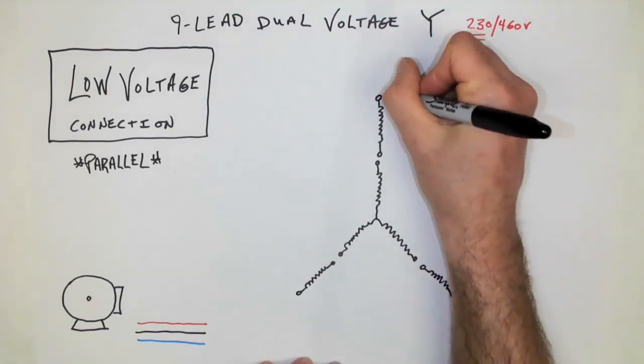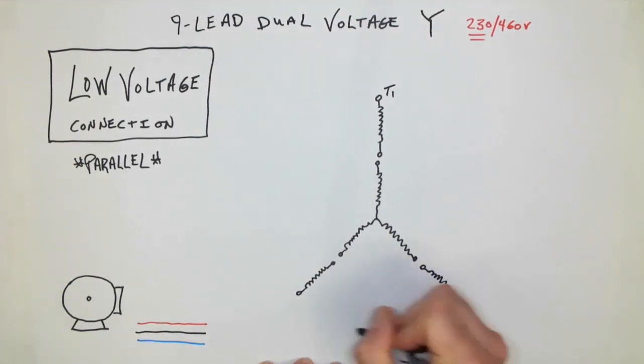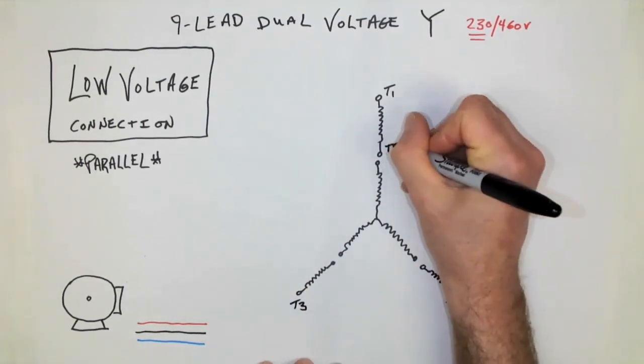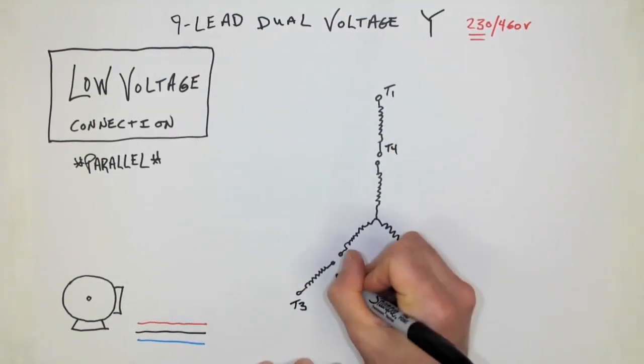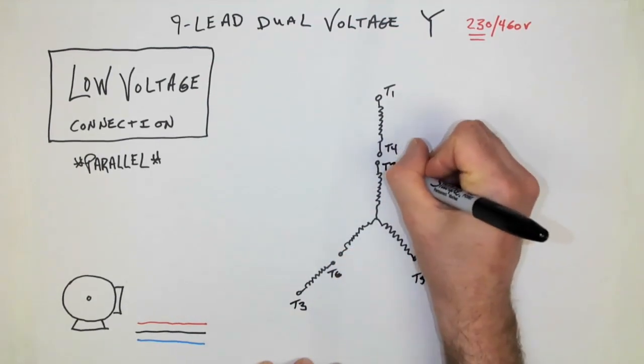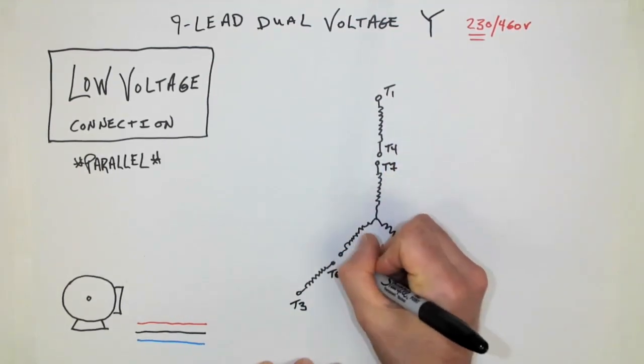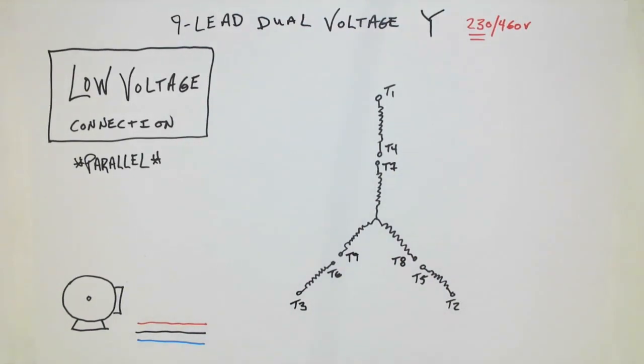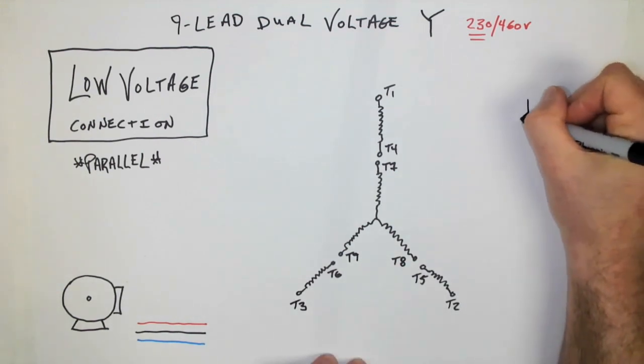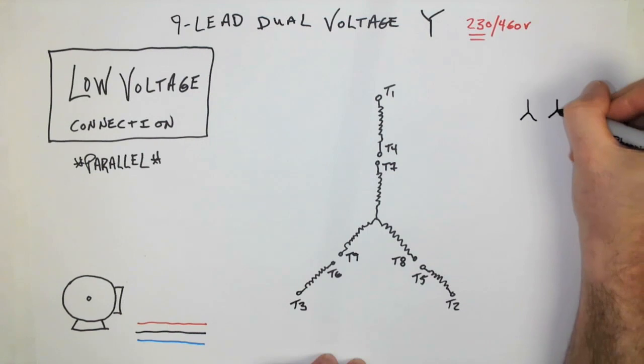First, assign labels to each of our terminals: T5, T6, T7, T8, and T9. Once we've got that done, now we can start looking at the parallel connection. Often this type of connection can be displayed a little bit differently, and they'll show something like this.